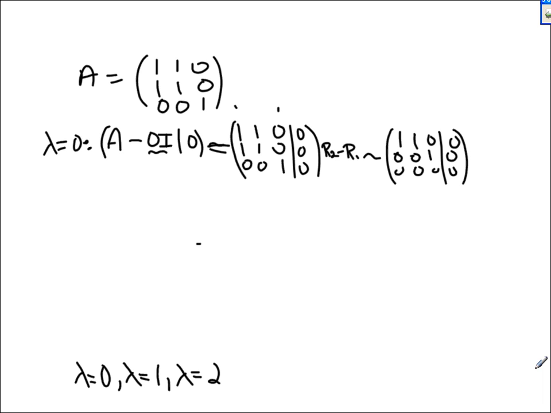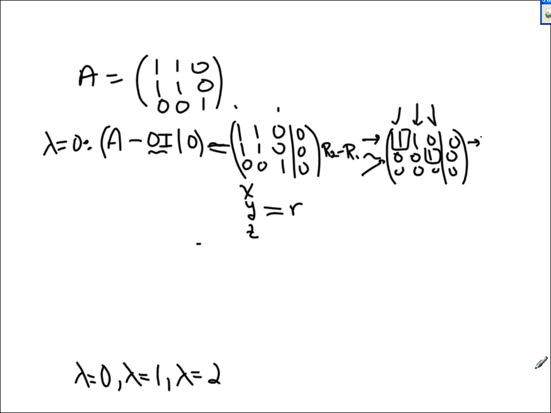If I call the variables x, y, and z, column 2 does not have a leading 1. Row 1 has a leading 1 in column 1, and row 2 has a leading 1 in column 3. Column 2 does not. That is, y is equal to r.